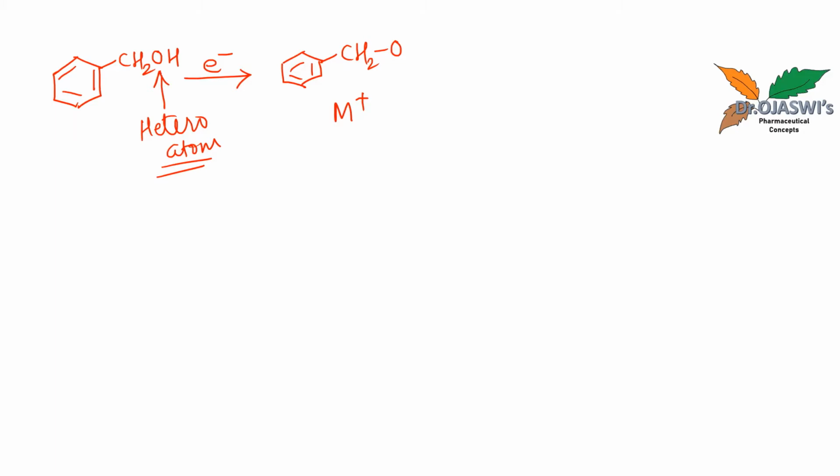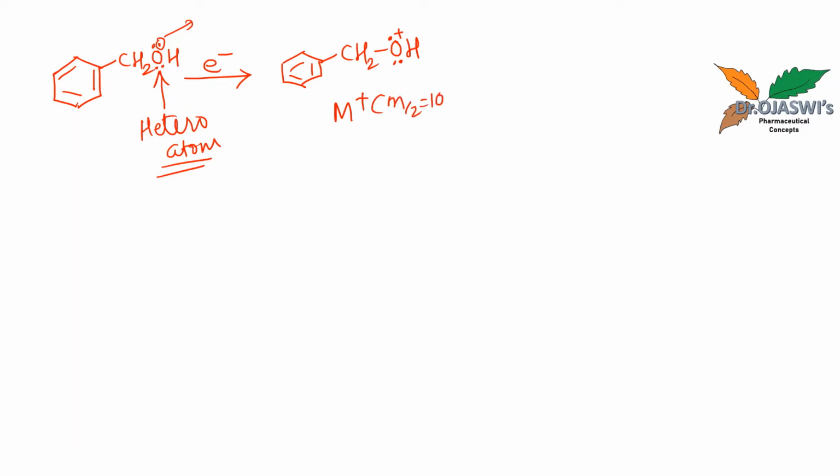This oxygen has these two lone pairs of electrons. Suppose this one is gone. At that place, the deficiency of electron I will show by a positive charge, and the other electrons are as such. So this is my molecular ion with m/z value 108.